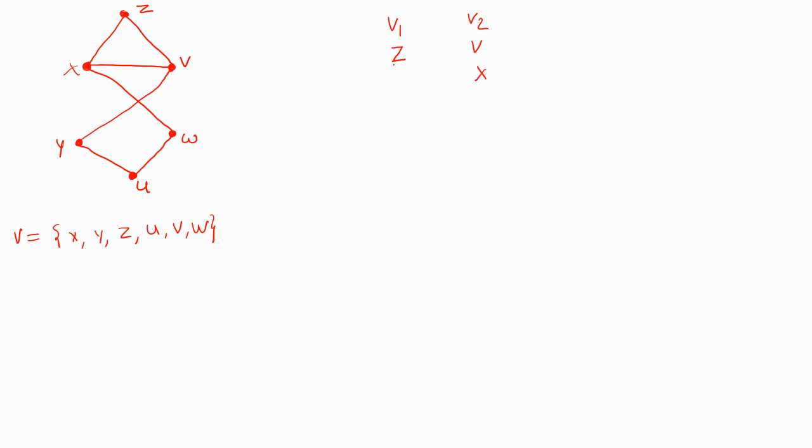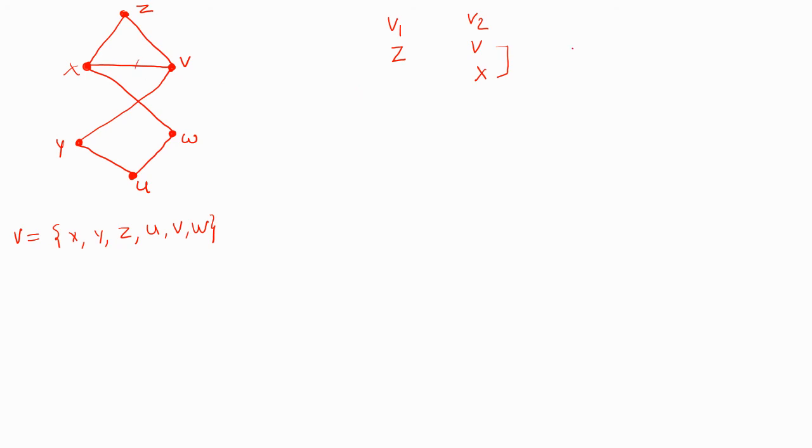Okay, now x cannot be included in V1 because again there exists an edge from z to x. Okay, now putting this v and x in this V2, but there exists an edge between this v and x. Yes, the vx edge is there.